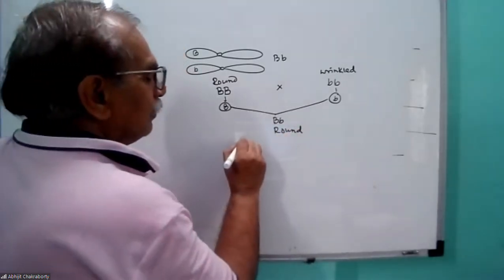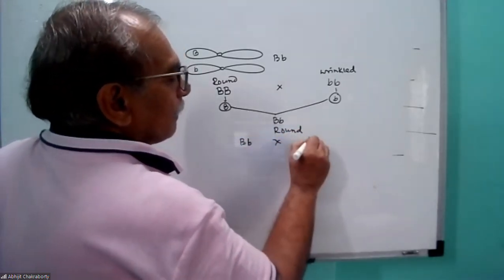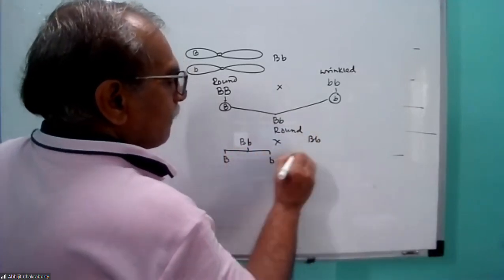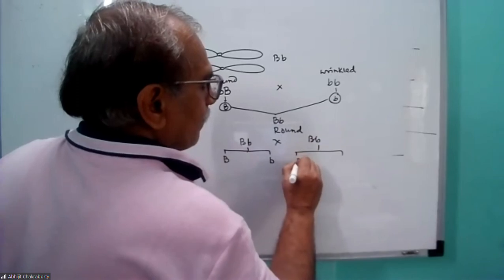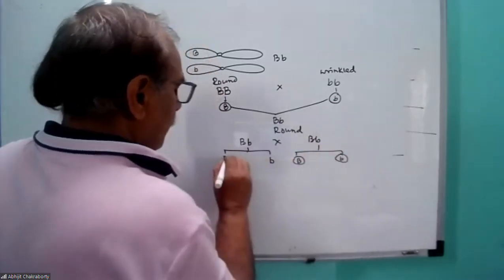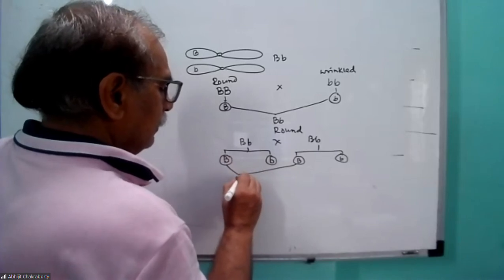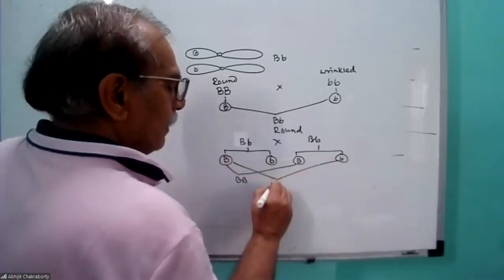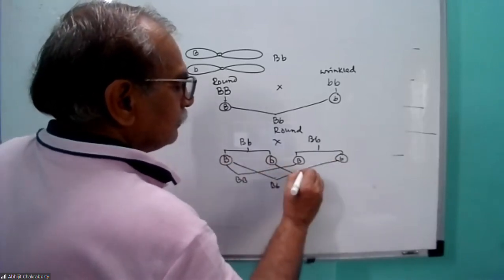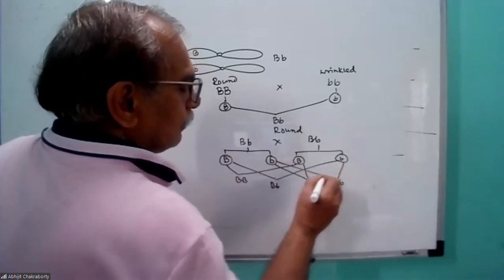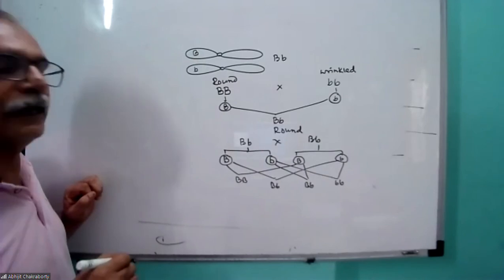Again, if it is crossed, capital B capital B, capital B small b, capital B small b, small b small b. Clear?